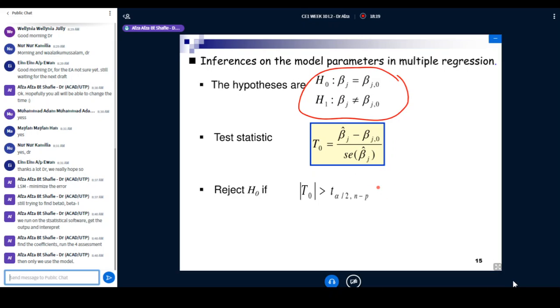But our t-test is now t alpha over 2 with n minus p degrees of freedom, where p is k plus 1, depending on the number of independent variables that you have. So this is done for the individual coefficients, while the ANOVA is for the total. This is what we do.